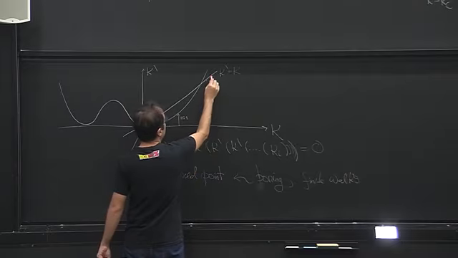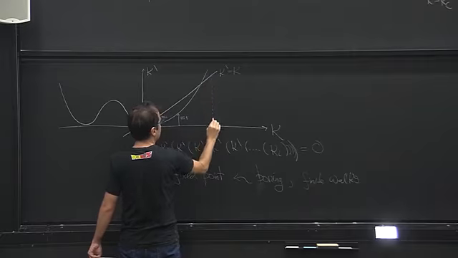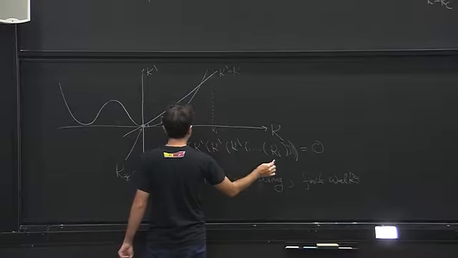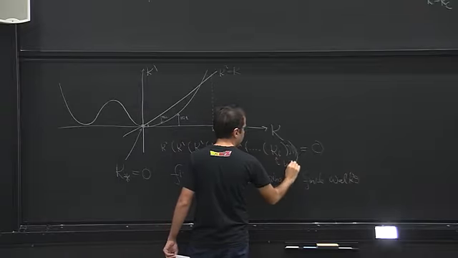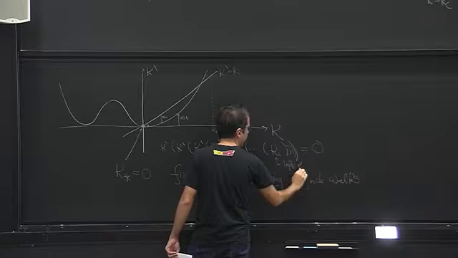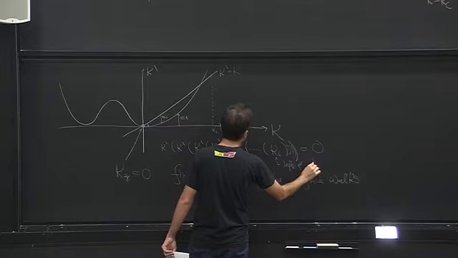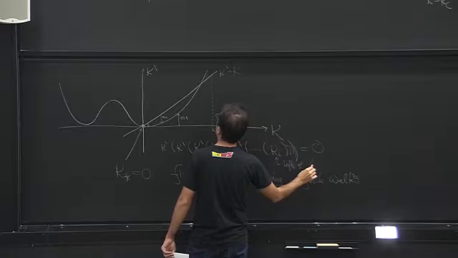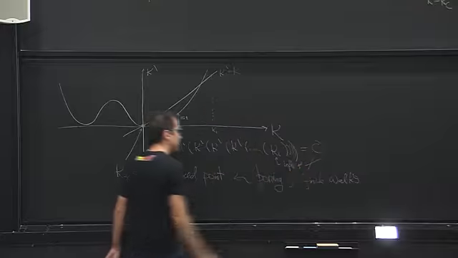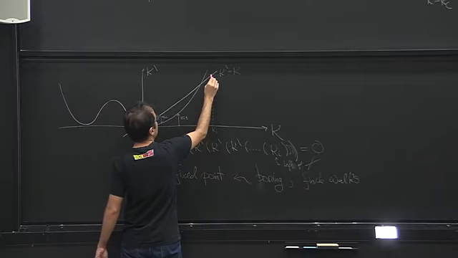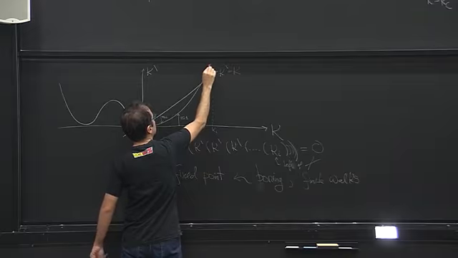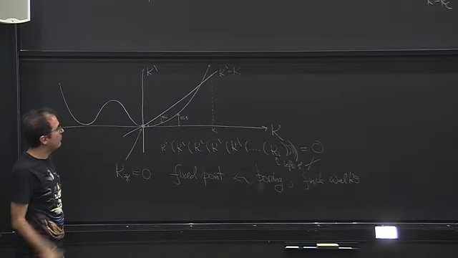If on the other hand you start here, you start at some value K initial here. So this is for K initial to the left of the intersection point, in this part, to the left of this intersection point. If K starts to the right, I start here, I go to this value of the curve, right?